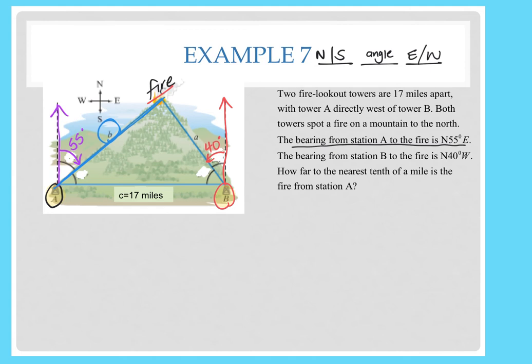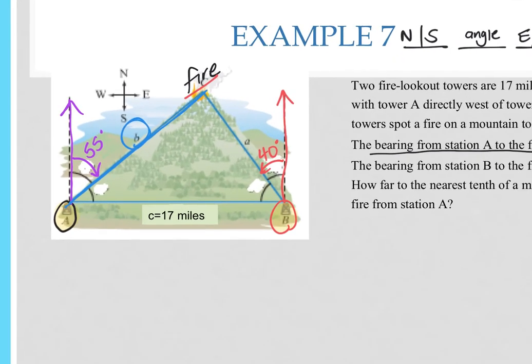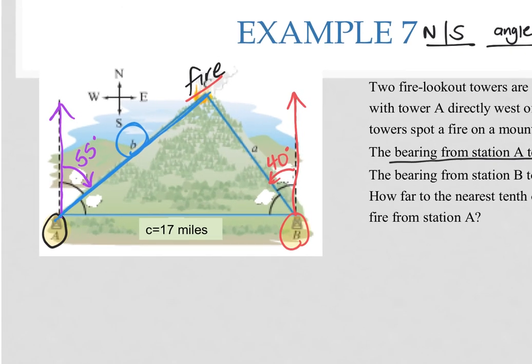How do I do it? Go ahead. Vicky had her hand up, sorry. Good. So I need to find the angles inside the triangles, right? Not outside. When we're doing law of sines and cosines, we don't use the ones on the outside. But our north-south line and our east-west line are both perpendicular. So I can do 90 minus the 55, and I'd get 35 degrees in here.